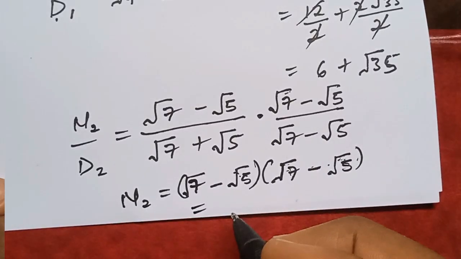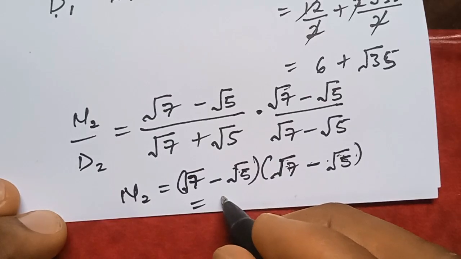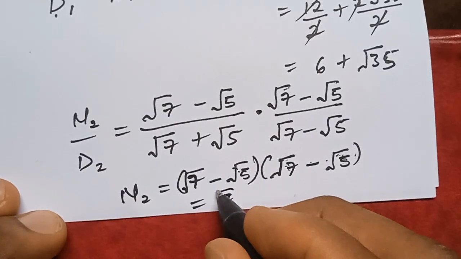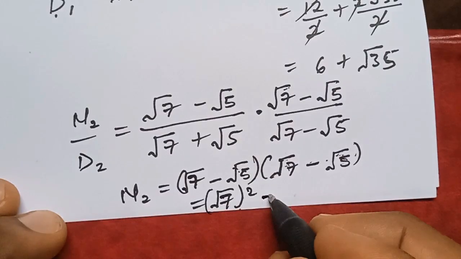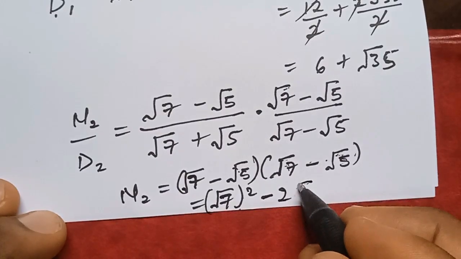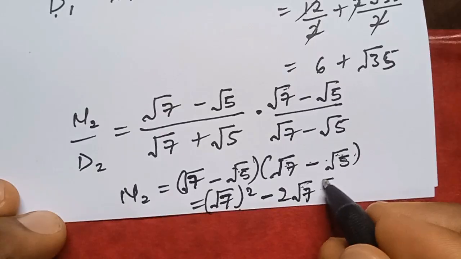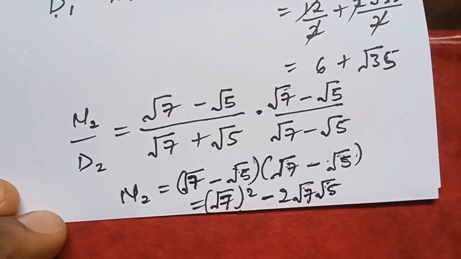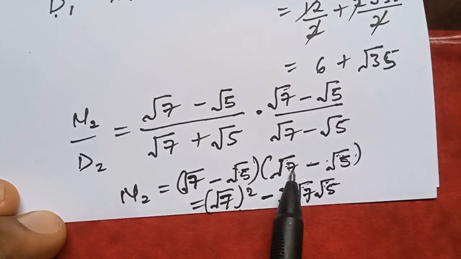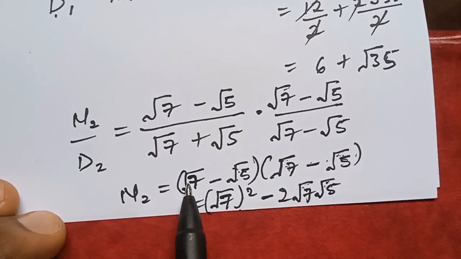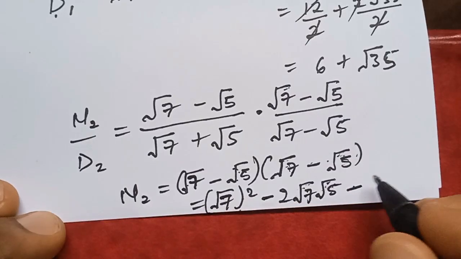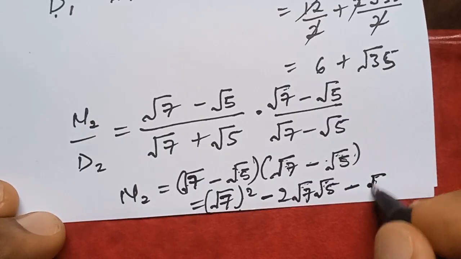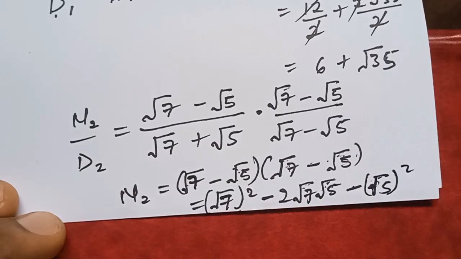So this gives us what? Our resulting answer is square root of 7 squared. Then this will now give us minus 2 square root of 7 square root of 5. Okay, if we multiply this together and this with this, so we now have minus square root of 5 squared.